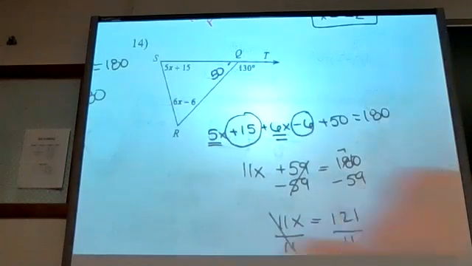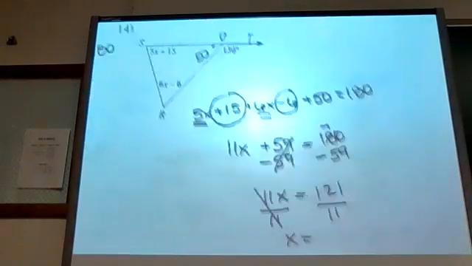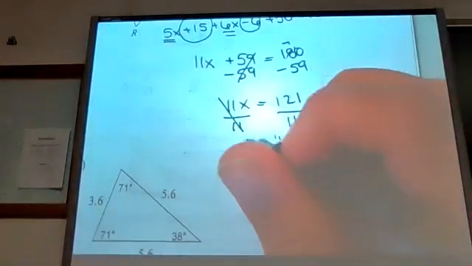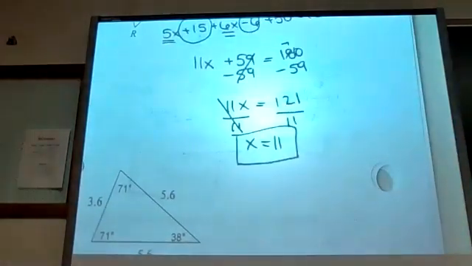What's 121 divided by 11? 11. 11 times 11 is 121. And again, you'll have a calculator so that the arithmetic piece isn't what trips you up, okay? So that as long as you know your triangle total is 180, you have that resource to help you do the math to get you there.